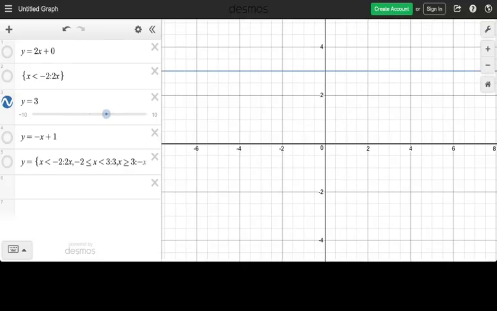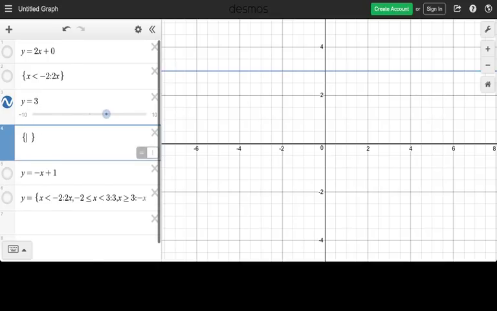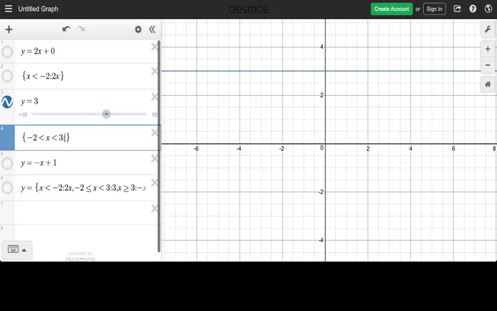It's a constant, it has no slope. And so what we want is this graph, but we only want it between negative 2 and 3. So put that in real quick. So we take this and we cut it up. We say we only want it between negative 2 and positive 3.